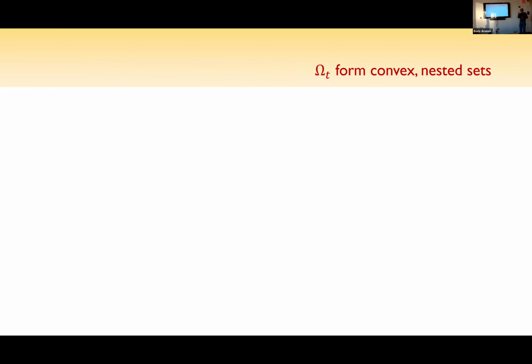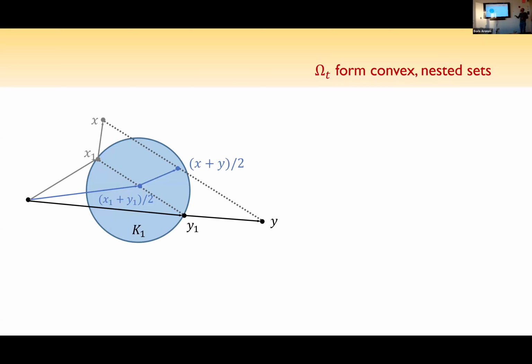These sets are convex, and these sets are nested. Convex is by picture. If you can get to y at distance R after hitting K_1 and after this, then you can get to any point in between.